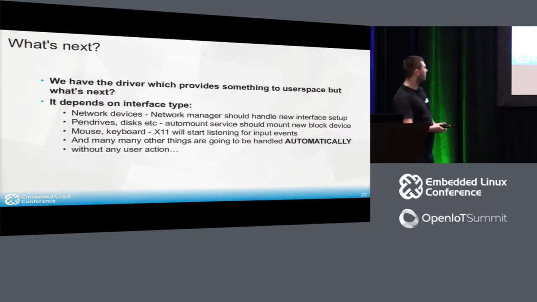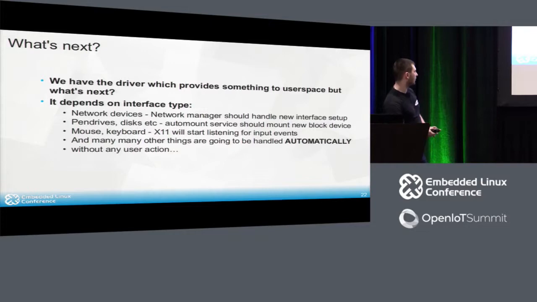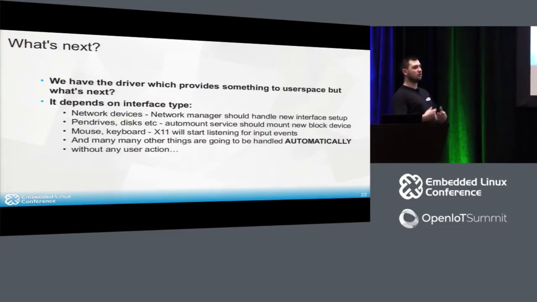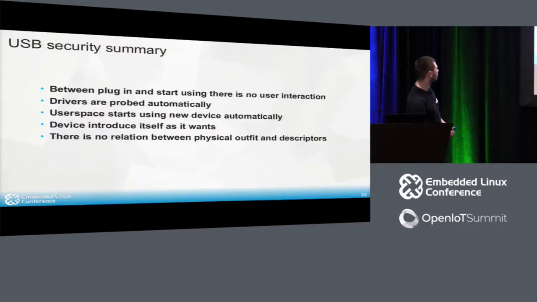If we have provided the mouse or the keyboard, so the input source, X11 automatically will start using them. And many other things will happen automatically without any user action. And this is the main reason why the BadUSB attack works so well.